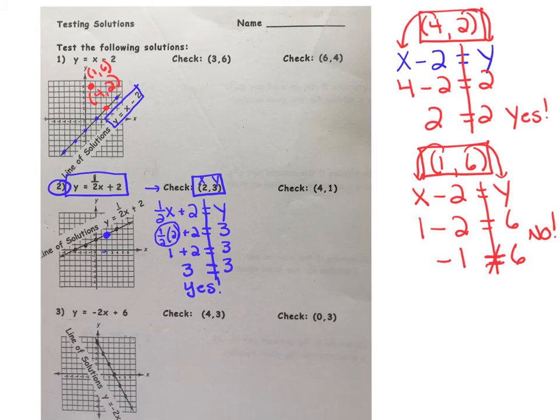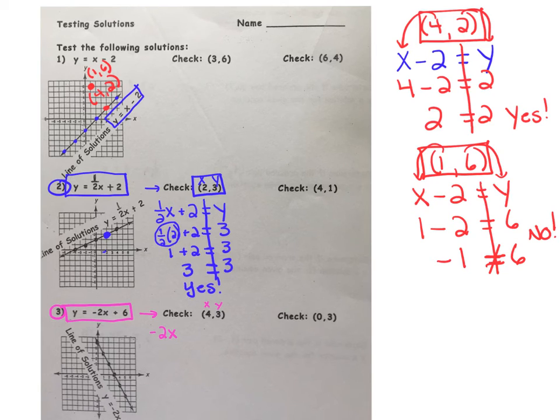Let's try number 3 now. For number 3, we've been given the equation y equals negative 2 times x plus 6. Let's test the point (4, 3), where x is your input value of 4 and y is your output value of 3.